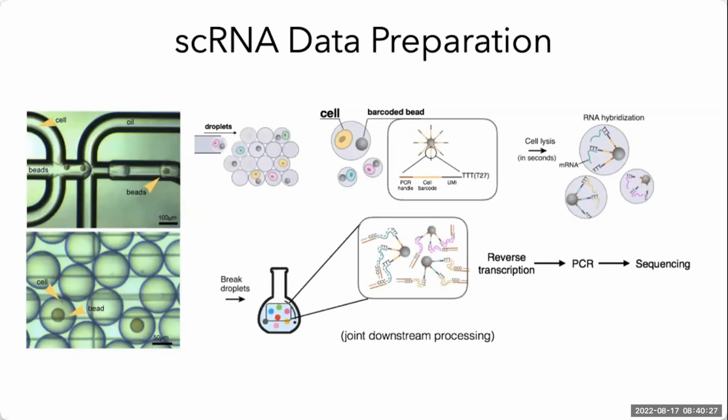One of the main advantages of tag-based protocols is that they can be combined with unique molecular identifiers, which can help us avoid the biases that arise from coverage and from general amplification procedures. This helps improve quantification accuracy.